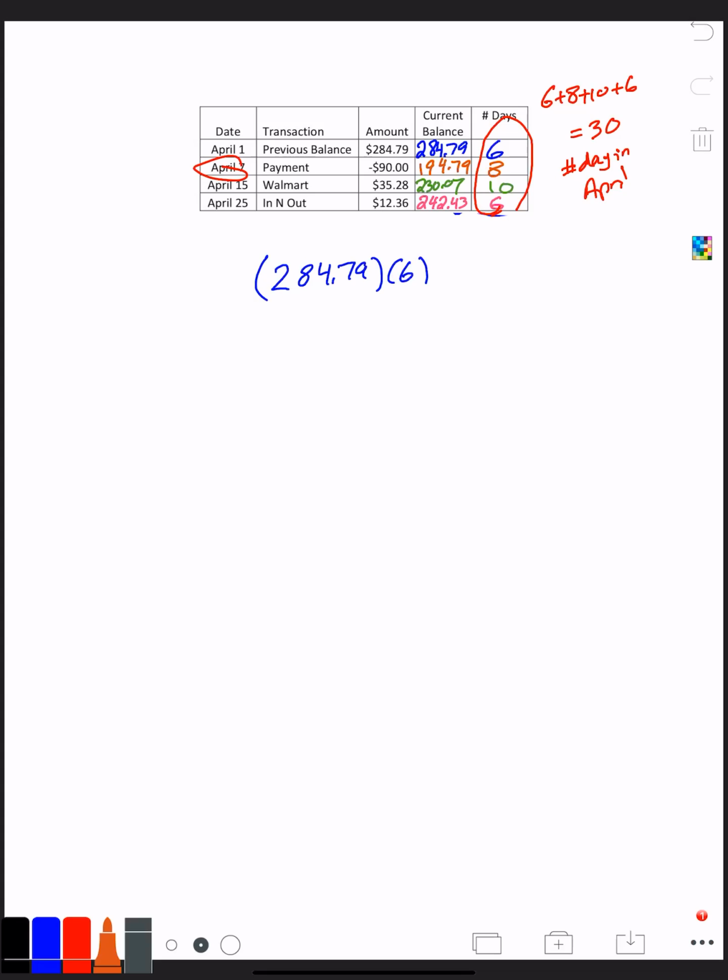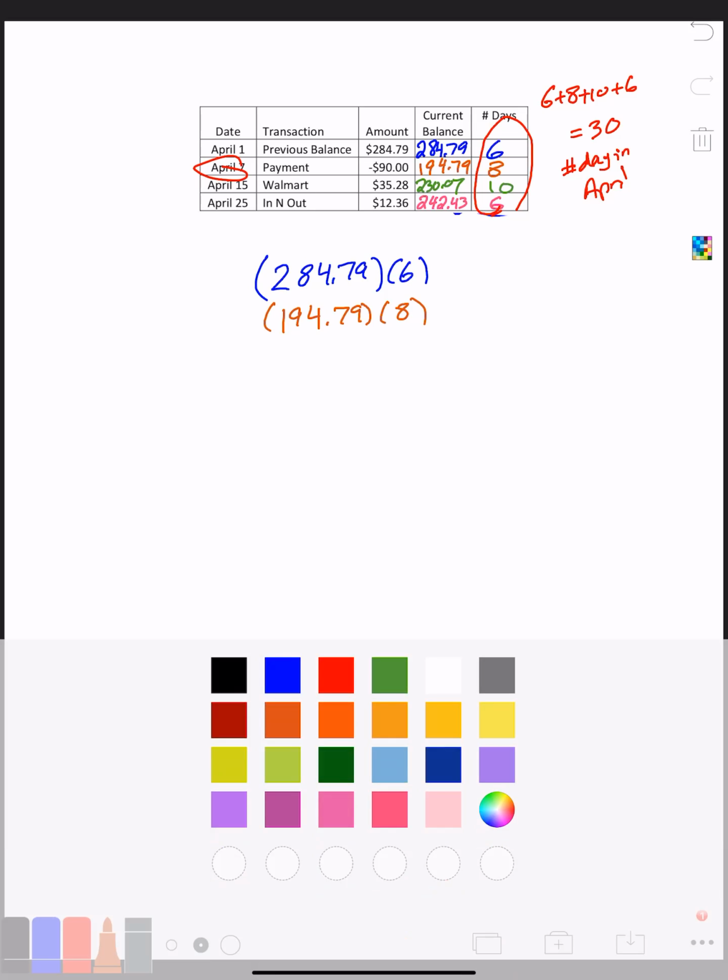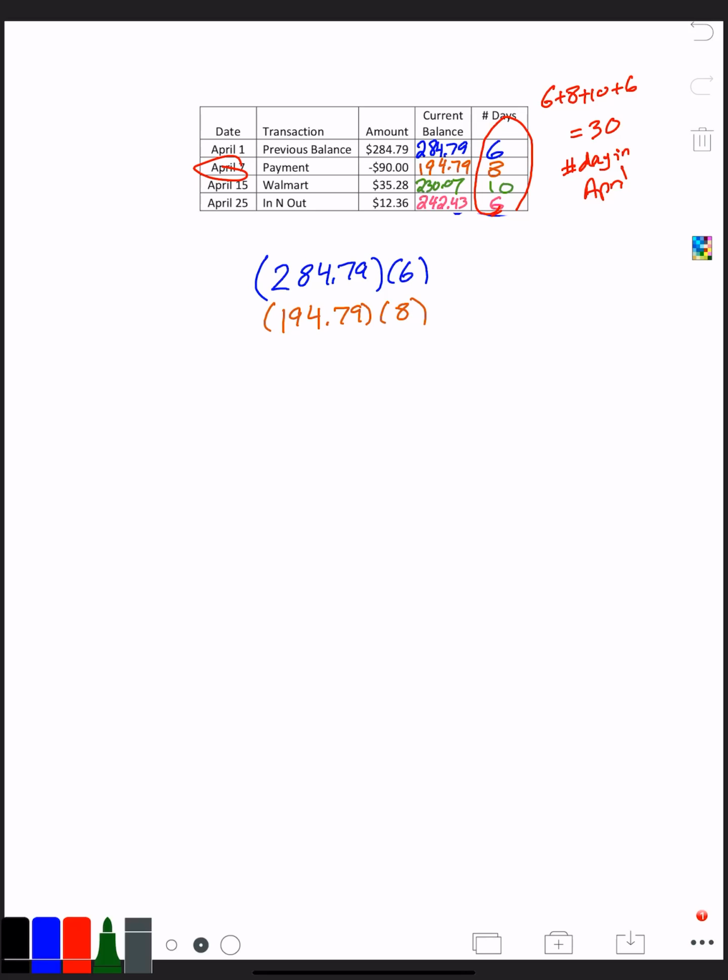My next balance was $194.79 and how many days it was. My next balance was $230.07 times how many days it was. And the last balance was $242.43 times how many days it was. You go ahead and multiply each one of these. This is just something for you to do on your calculator.